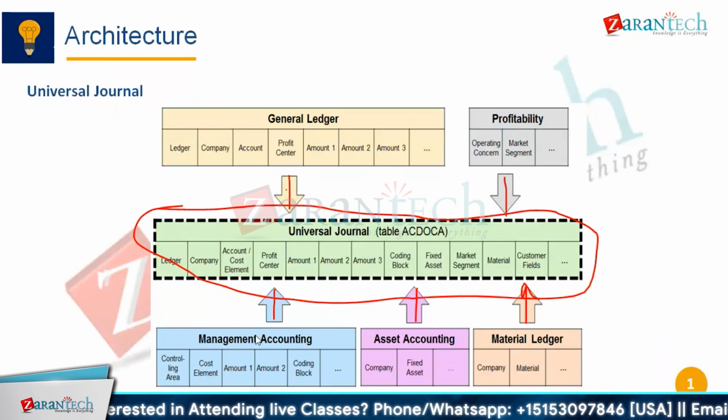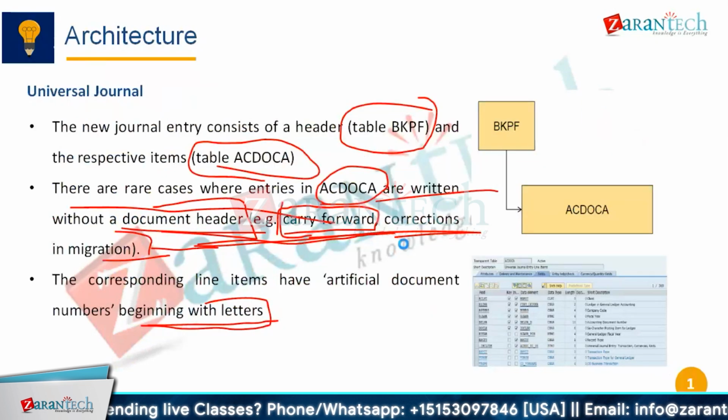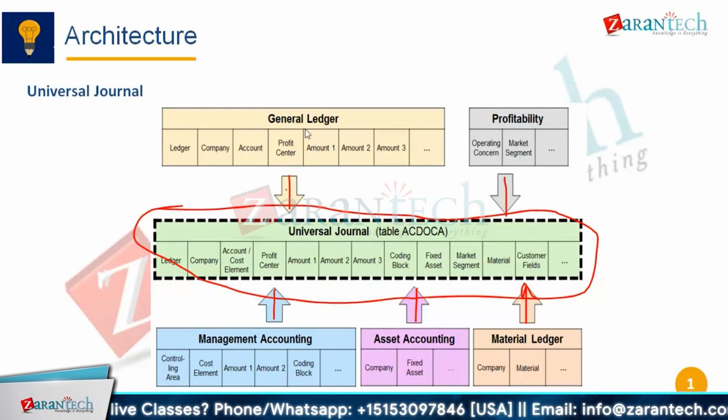This is the single table, also called the single source of truth. Data of general ledger is stored here. Data of COPA profitability is also stored here. ML data is also stored here. Asset accounting data is also stored here. Management accounting CO data is also stored here.